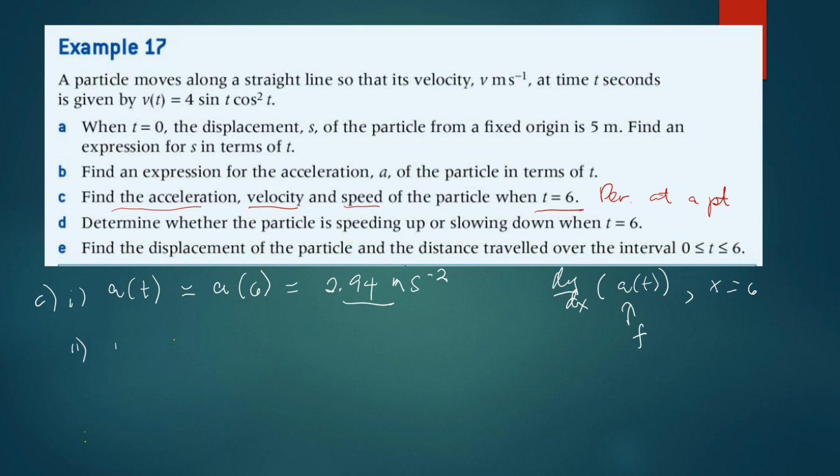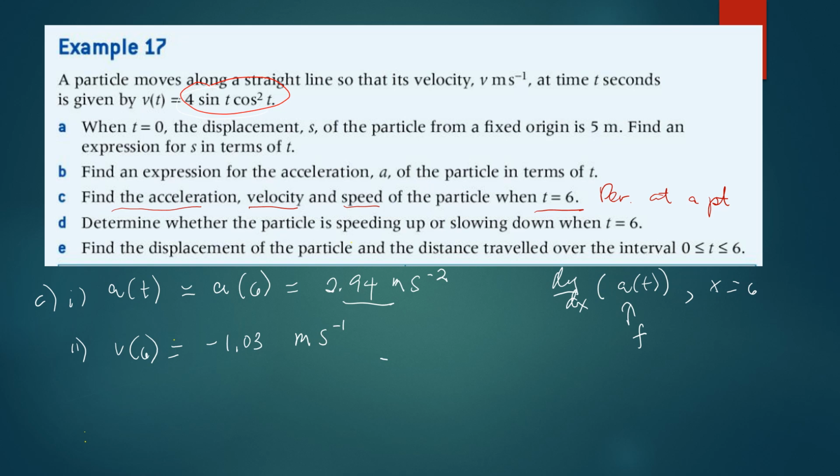Okay, for b, you have v of 6. This is the velocity, so you encode this in your calculator, derivative at a point, where the point is 6. It will give you a value which is negative 1.03 meters per second.